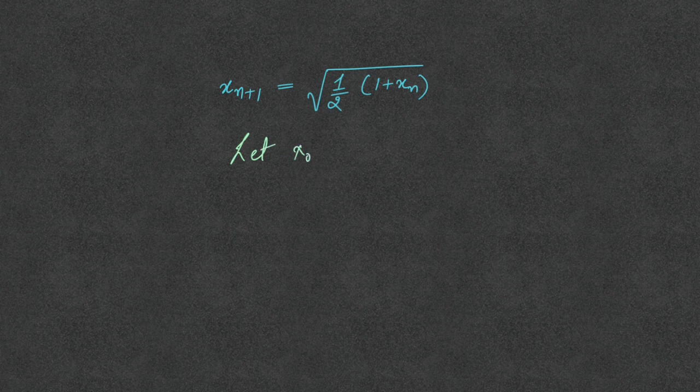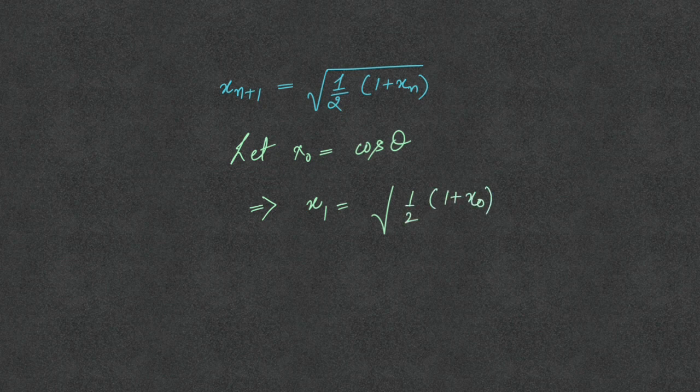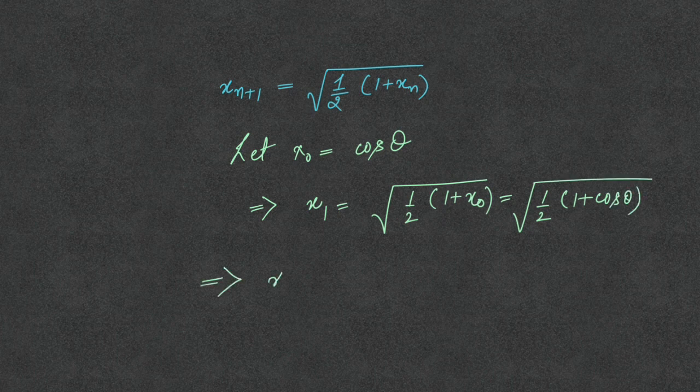Let x0 is equal to cos of theta, which implies x1 becomes under root of 1 by 2 into (1 plus x0), which is 1 by 2 into (1 plus cos of theta), whole under root, which can be written as x1 is equal to cos of theta by 2, because we know that cos of 2 theta is equal to 2 cos square theta minus 1.